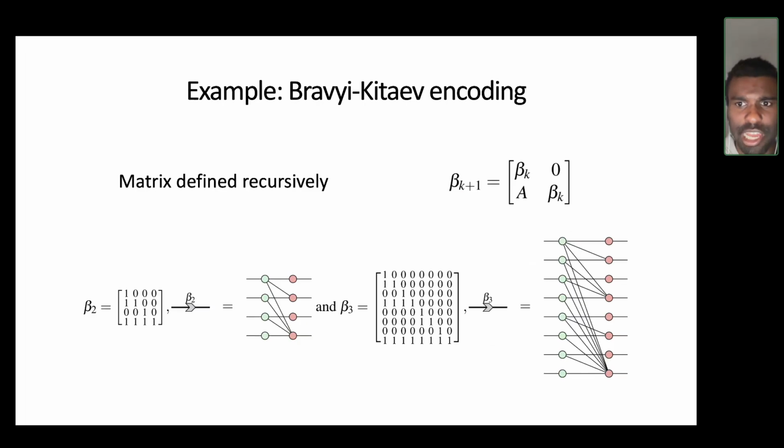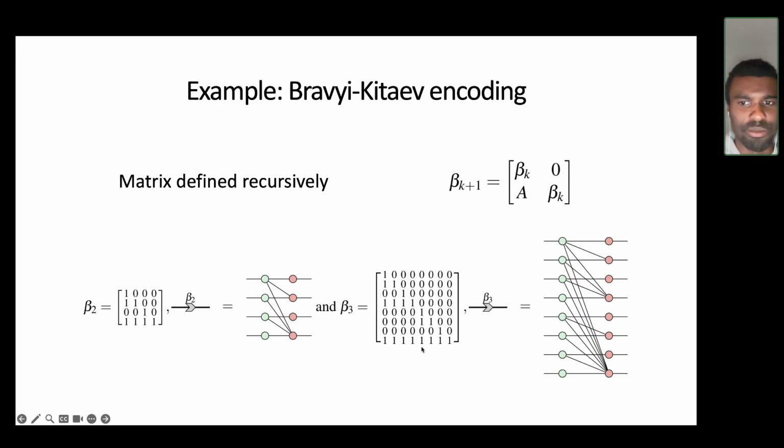I think the Bravyi-Kitaev encoding is a lot more interesting because, as you go up in each layer, it's defined recursively on matrices as follows, where this A is a matrix that's all zeros except ones on the bottom.